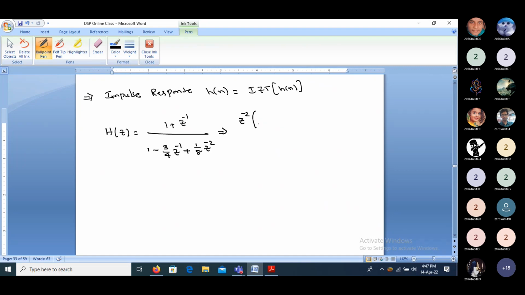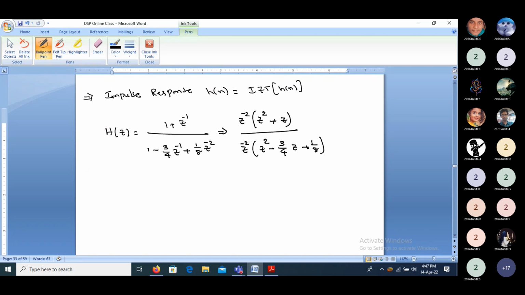If you multiply with z to the power minus 2, we get z square plus z divided by z square minus 3/4 into z plus 1/8.